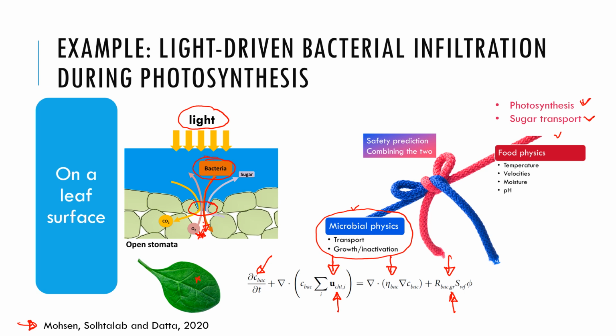If we include all of this process physics, then that will give me how the sugar concentration is changing with position, and that will give me these chemotactic velocities. This is how the food physics would couple with the microbial physics. Therefore, this is another example of safety prediction by combining microbial with food physics.